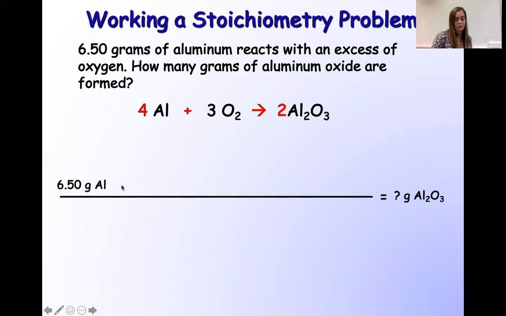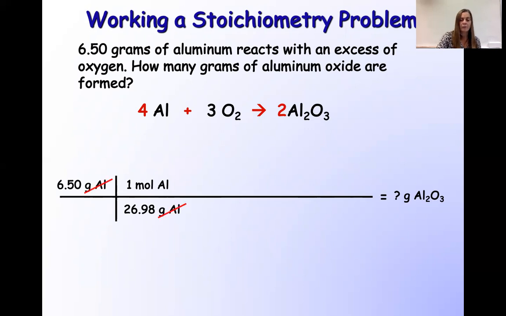I don't know the conversion between grams of aluminum and grams of aluminum oxide, but I do know how many moles of aluminum I have for every mole of aluminum oxide. So first conversion is going to be from grams of aluminum to moles of aluminum. I'm going to look up the molar mass of aluminum on the periodic table, put the molar mass in grams on the bottom, 1 mole on the top, so that I can cross out grams.